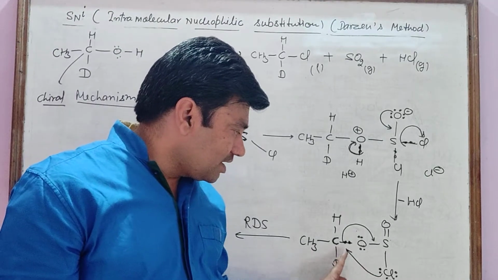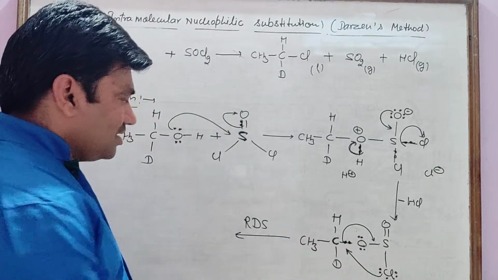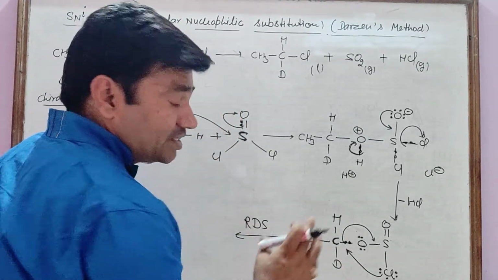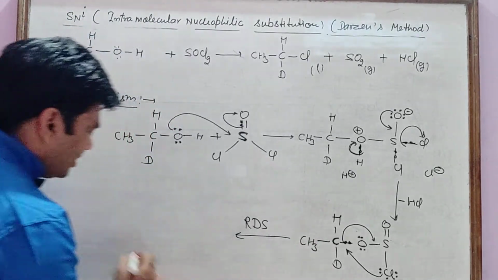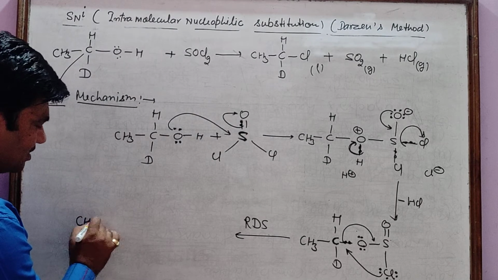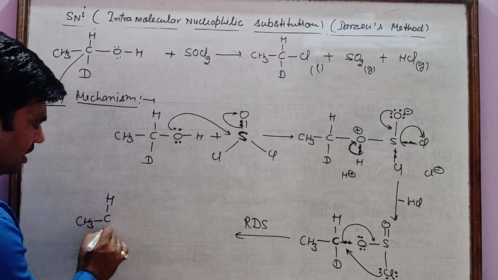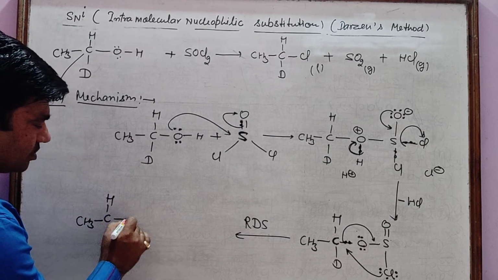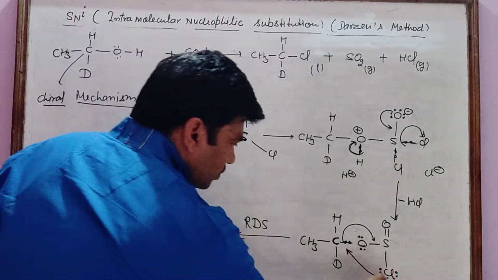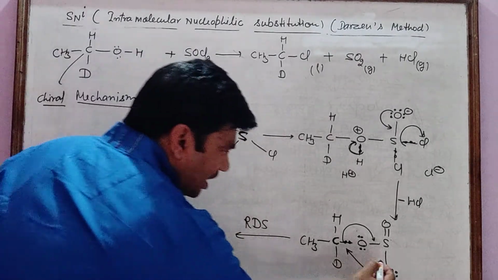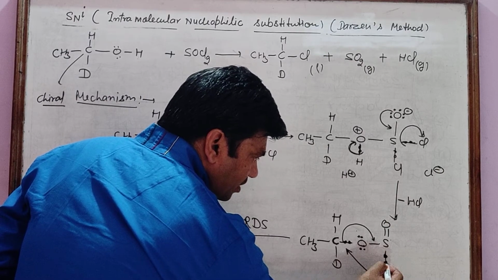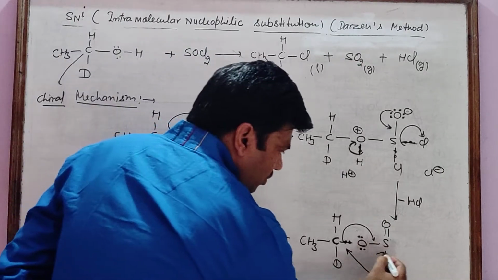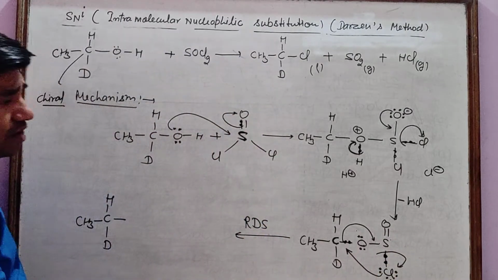So that is why this is the RDS, rate determining step. Now the situation is that you will get CH3, H and D, and the chlorine will donate, and when chlorine donates, it will also cleave this bond, right?